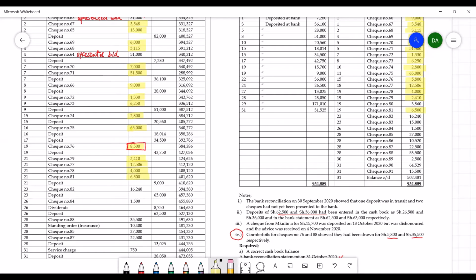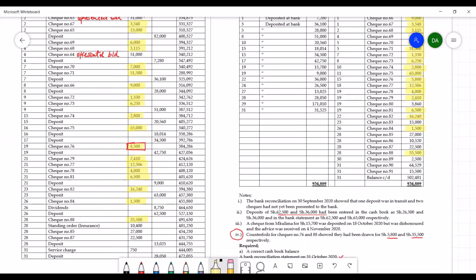This is followed by check number 82, also available in both cases. Let us check check number 84, also available in both cases. Check number 88 is available in both cases.